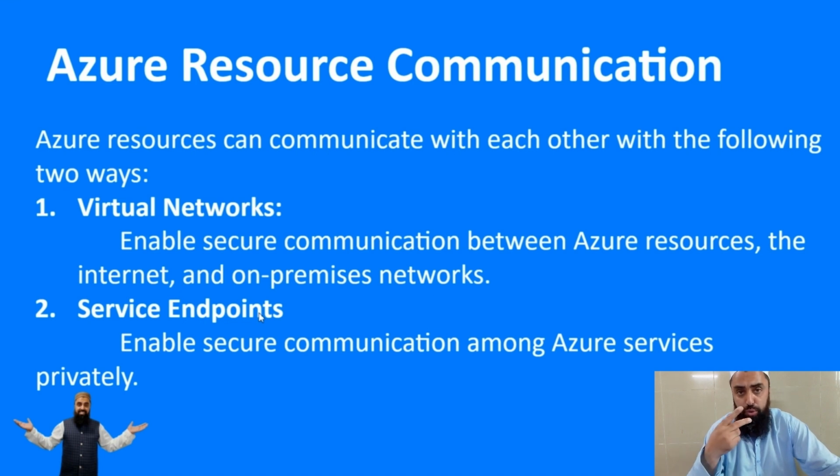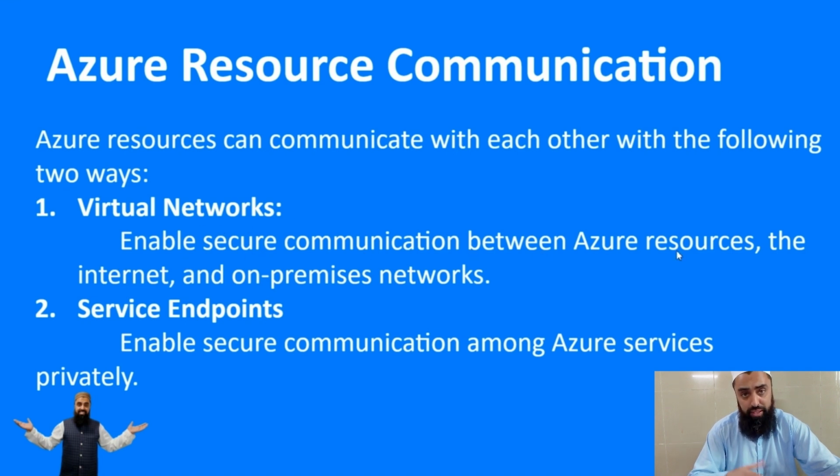So these are the two ways our resources communicate with each other, whether we use virtual networks or service endpoints. In my recommendation, the easiest and quickest way is to create a virtual network, which enables secure communication between Azure resources.